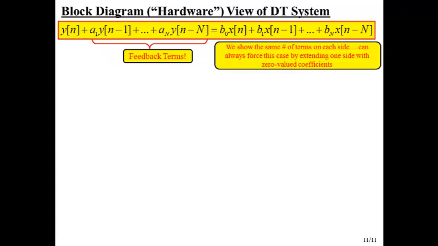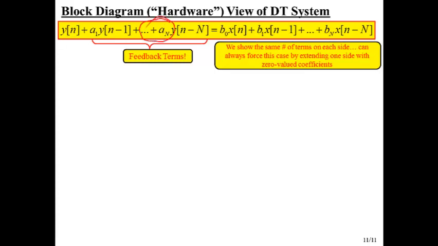Now, I've shown the same number of terms on both the input and output side. You don't have to have that, and in fact you generally don't have that. But if there's a different number of terms over here than over here, you can always just set some number of these coefficients at the end to 0 to get a smaller number of terms over here.